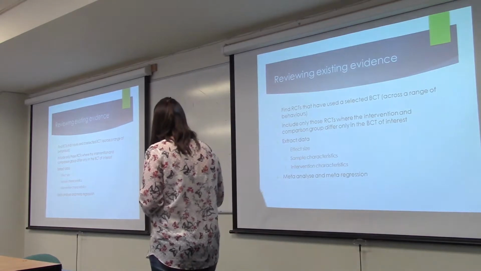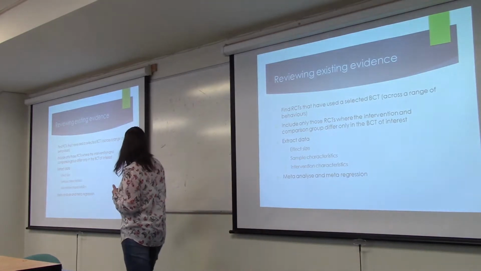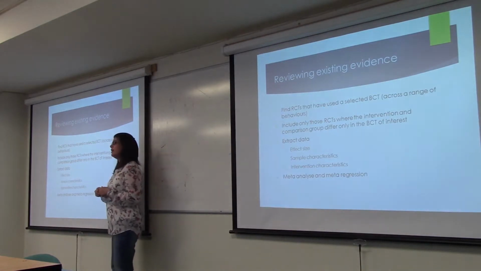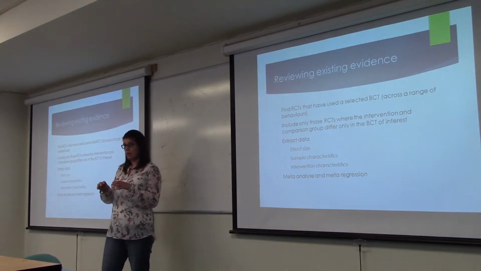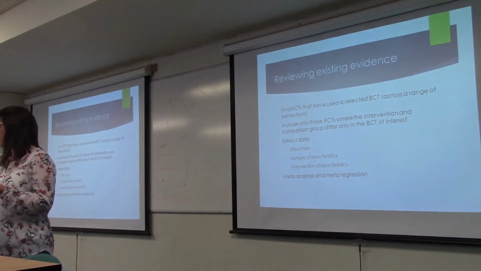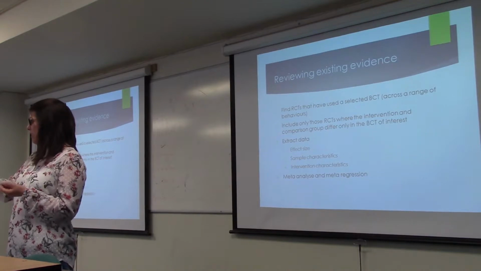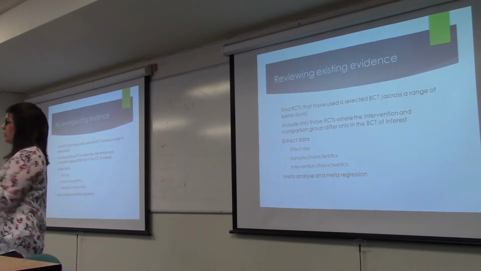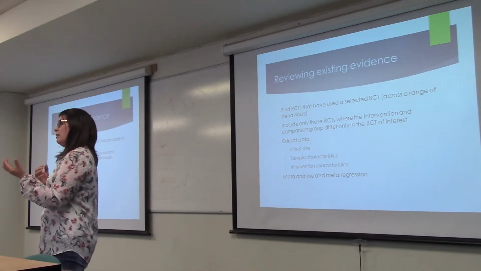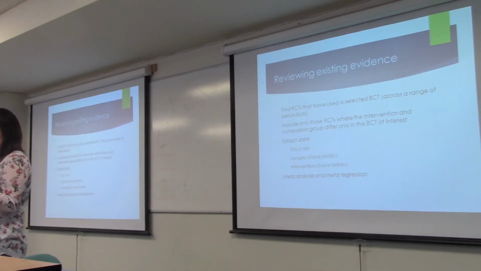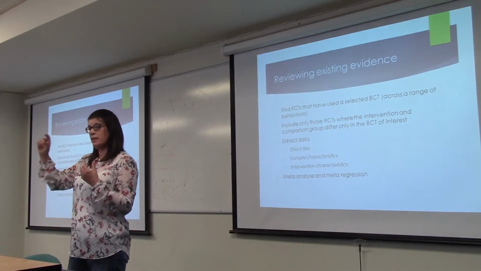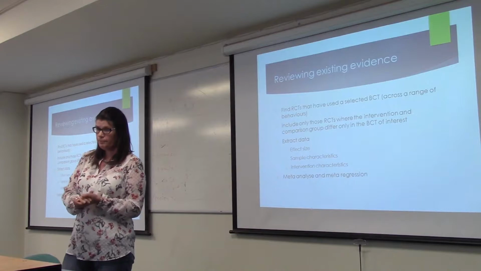And we only want to include those randomised control trials where the intervention and comparison group differ in the behaviour change technique of interest. So this could be studies that just have one behaviour change technique in the intervention group and then just have a measurement-only control. Or it could be where it's comparing 2 interventions, but just one of the interventions has that additional behaviour change technique of interest as extra.